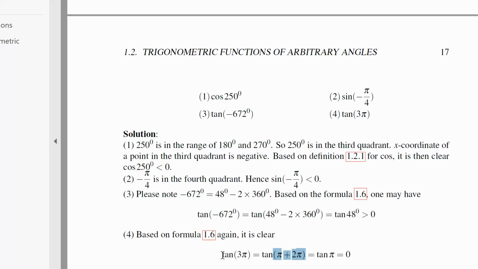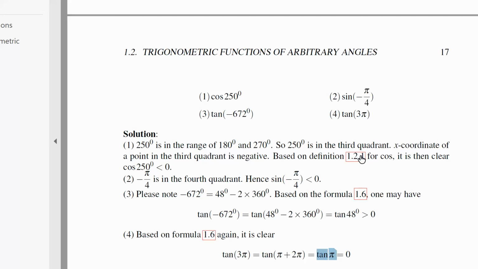So that's how we have tangent 3 pi equals tangent pi. Pi is a straight angle, 180 degrees. So at 180 degrees, what is y over x?